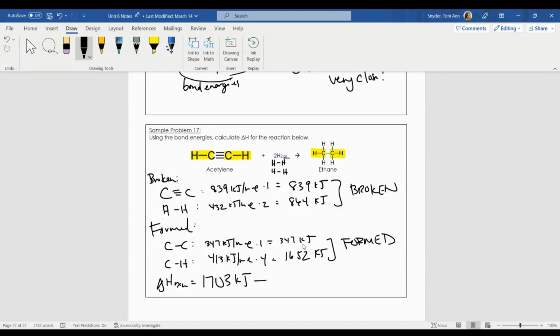So 347 plus 1652 gives me 1999 kilojoules. Let's calculate: 1703 minus 1999 gives me a value of negative 296 kilojoules of energy that's released in this reaction. This is an example of an exothermic reaction.